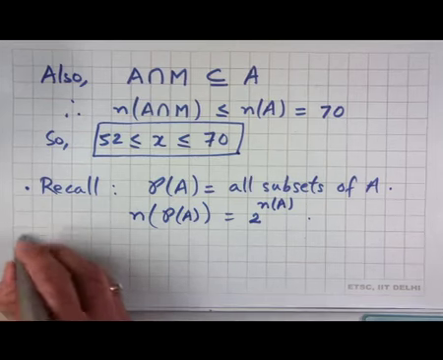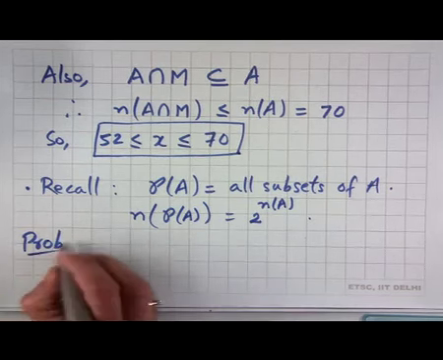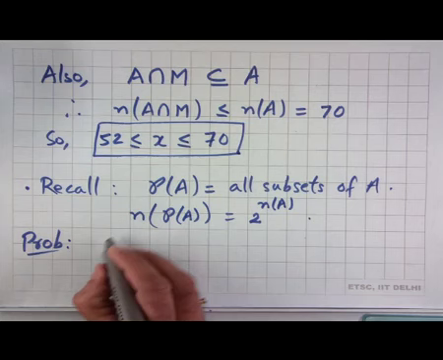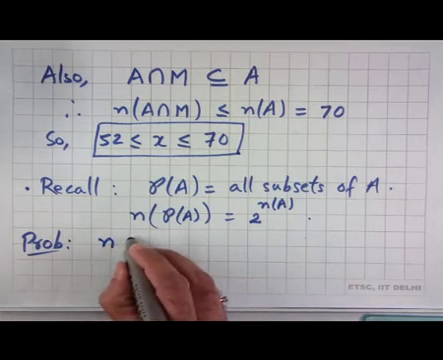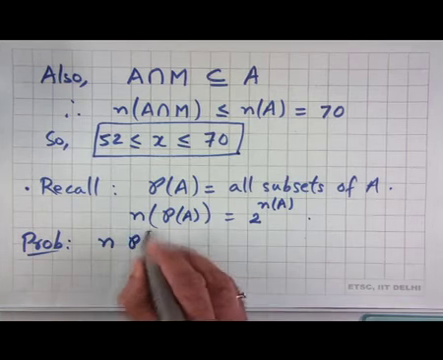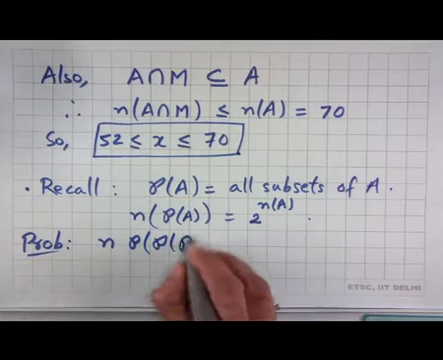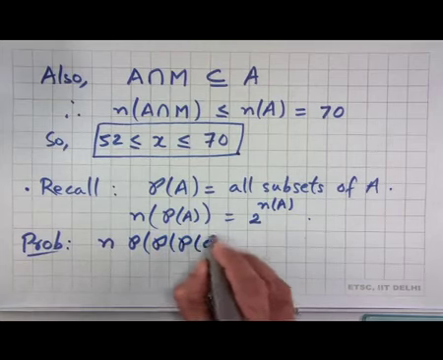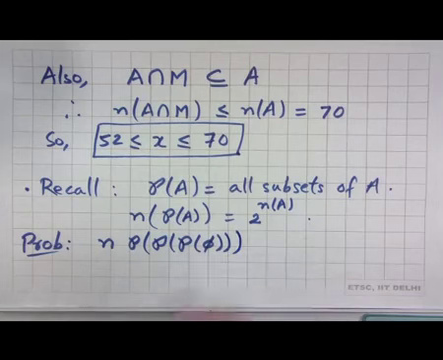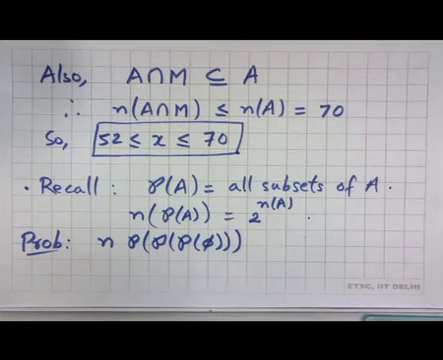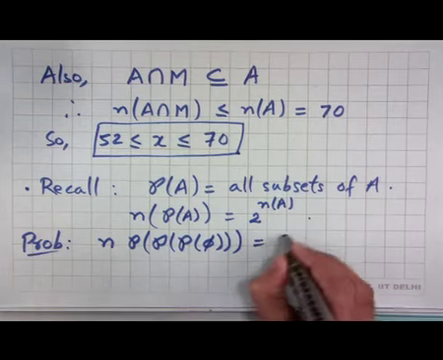So, the next problem, what is the number of elements in the power set of phi, where phi is the empty set? So, first of all you have to know what is the number of elements in power set of phi.